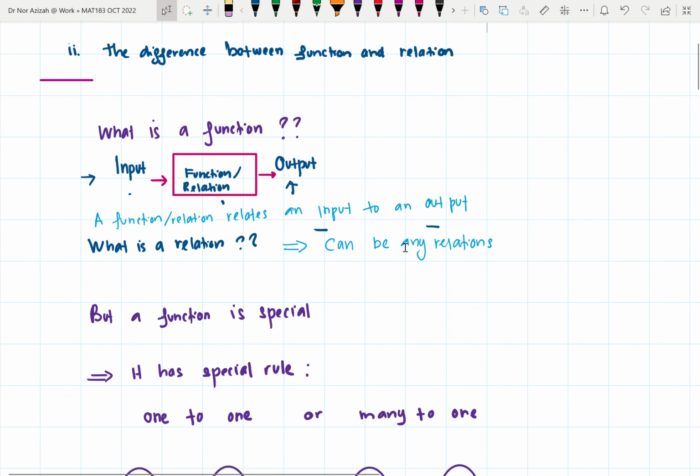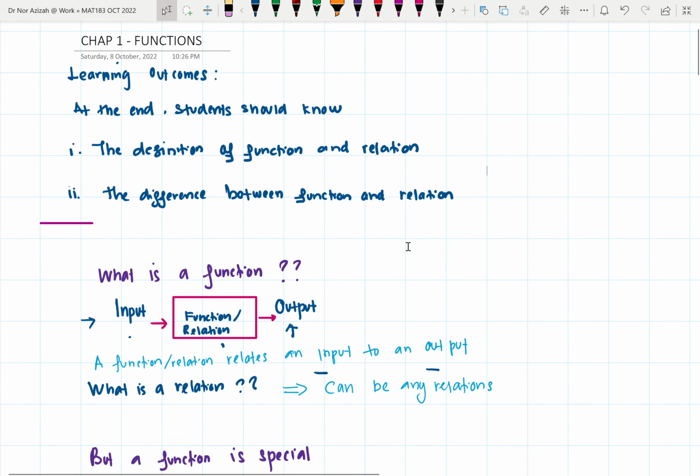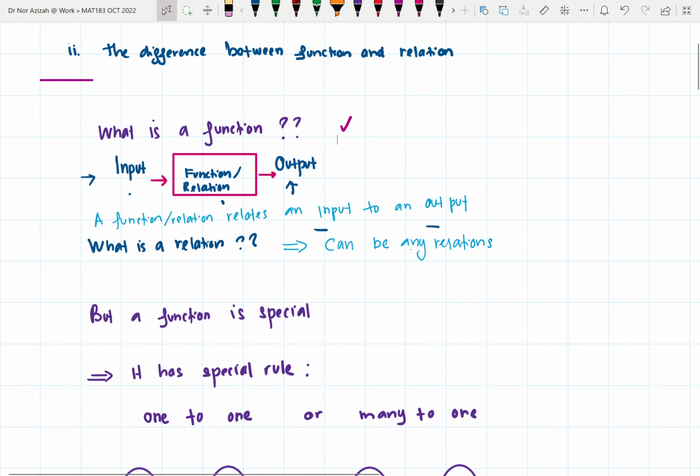Okay, so now what is function? What do you know about function, class? Okay, so a function or relation relates an input to an output.